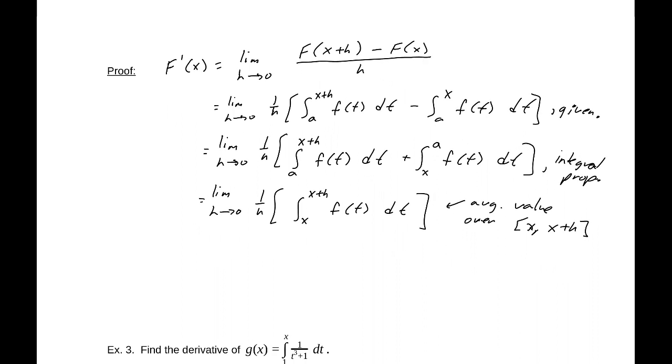Okay, so by the mean value theorem for integrals, let's go ahead and make this note here. By the mean value theorem for integrals, this is equal to, or actually let's add this here.